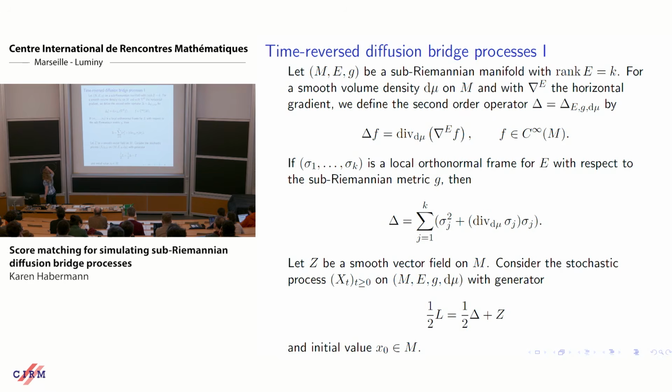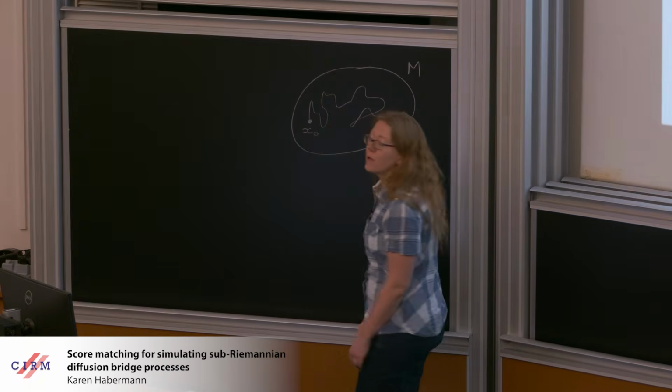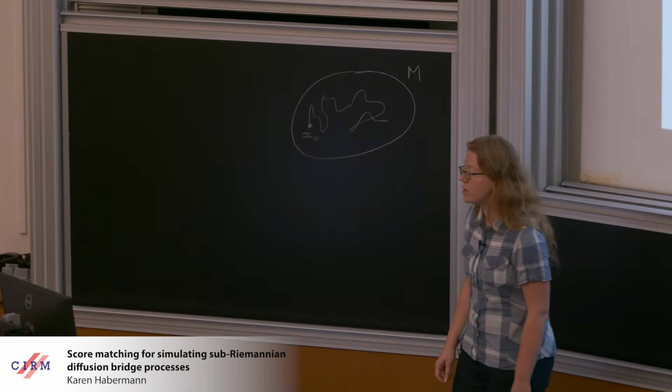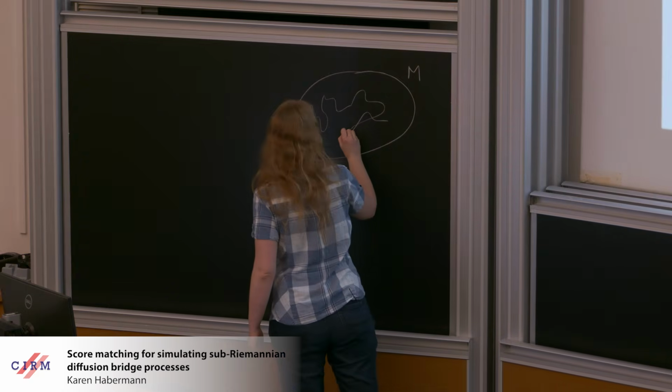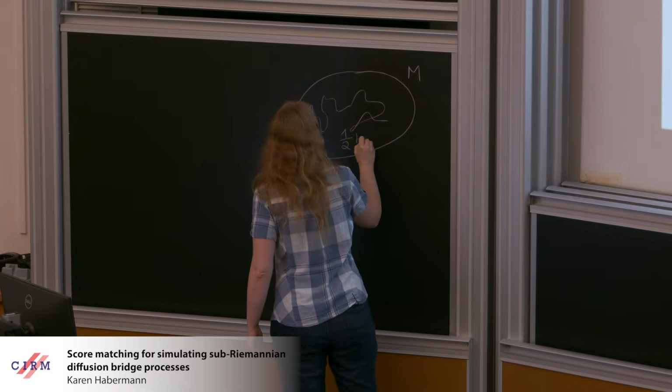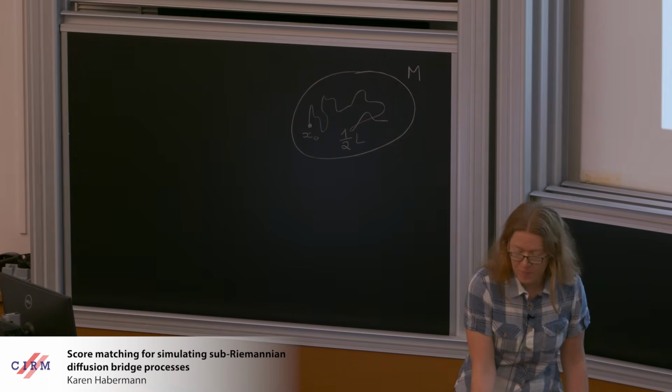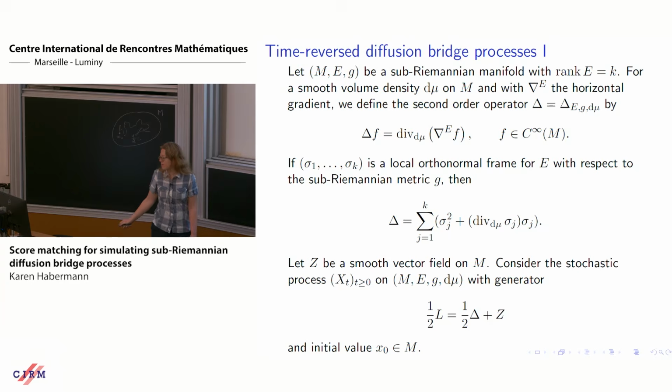Then we have some random behavior, determined by a so-called infinitesimal generator, which throughout we denote with 1/2 L, where this is simply 1/2 of the sub-Laplacian plus potentially a smooth vector field.